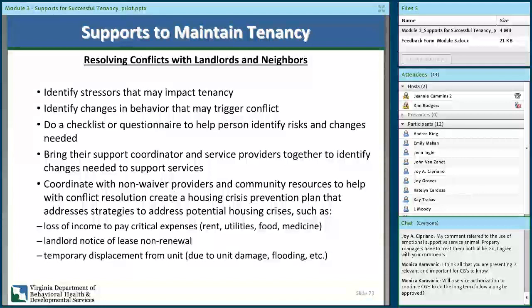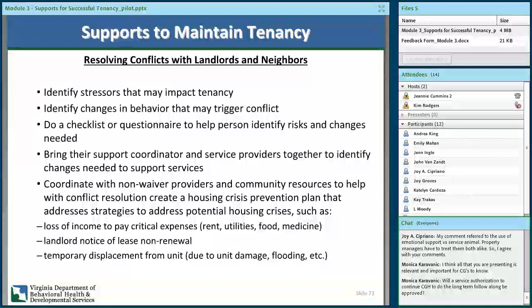Resolving conflicts with the landlords, owners, and neighbors is a critical element of helping individuals maintain their tenancy. Here, community housing guides can help individuals identify stressors that may impact tenancy, such as a lack of funds to cover rent, incomplete repairs, pests, or even nighttime noise from neighbors.